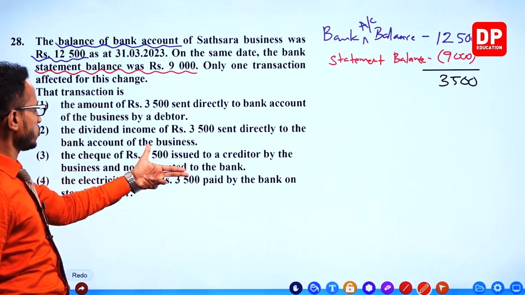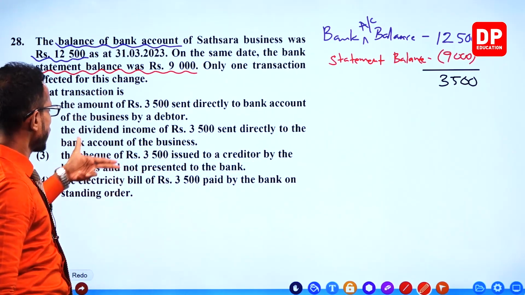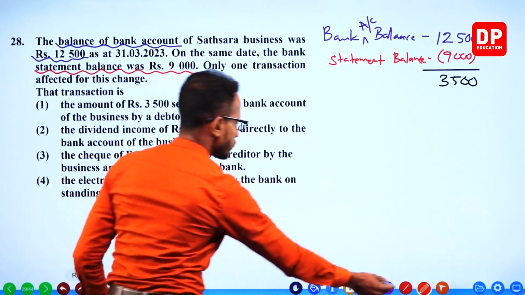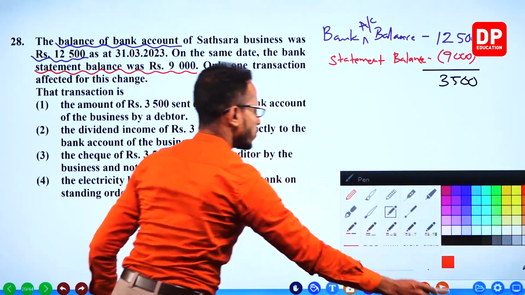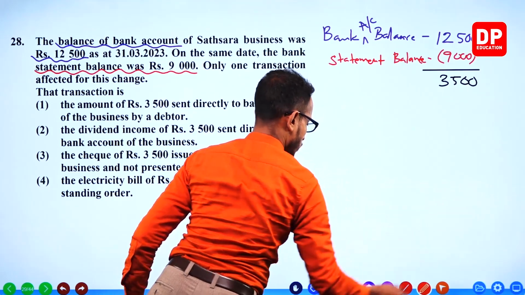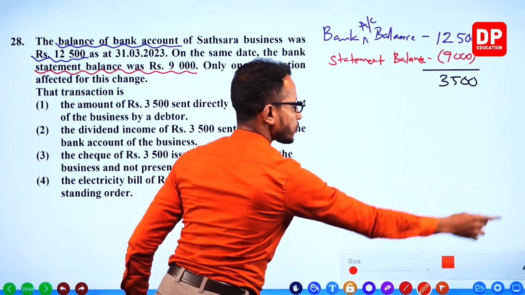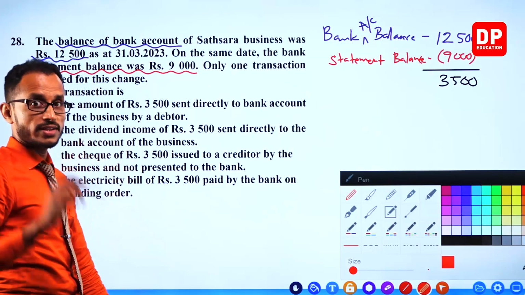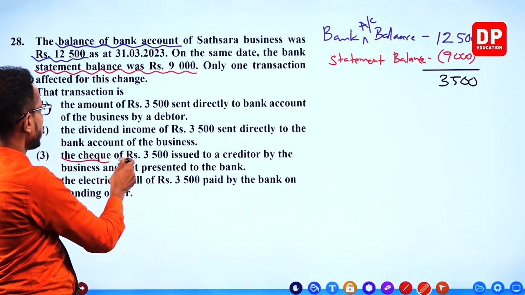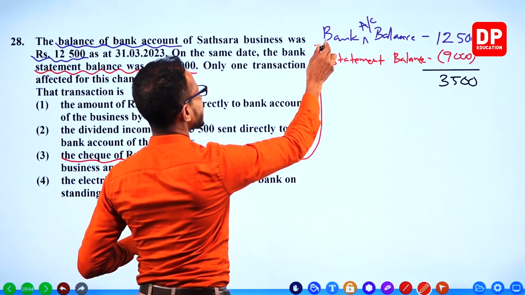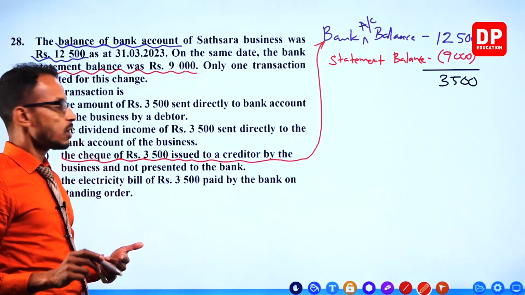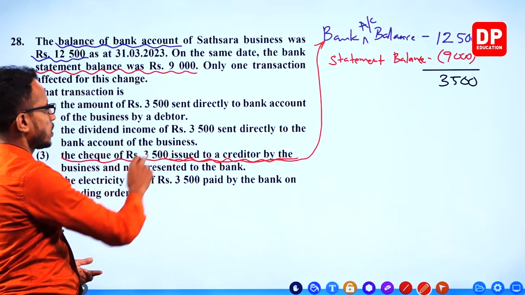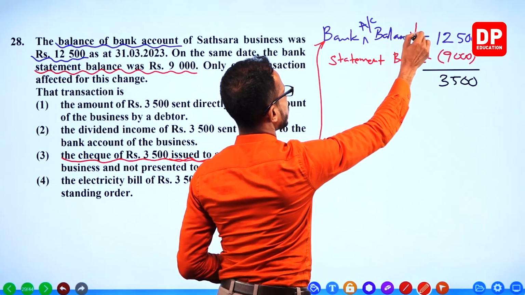The check of 3,500 issued to a creditor by the business and not presented to the bank. Okay, see, a check of 3,500 issued to a creditor, issued by us, which means we have entered it in our bank account, and because it's an issued check, our bank account balance should be lower.